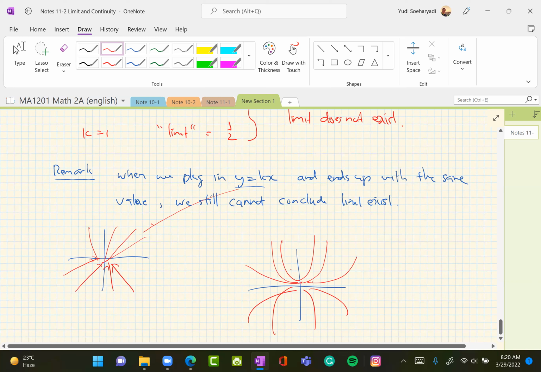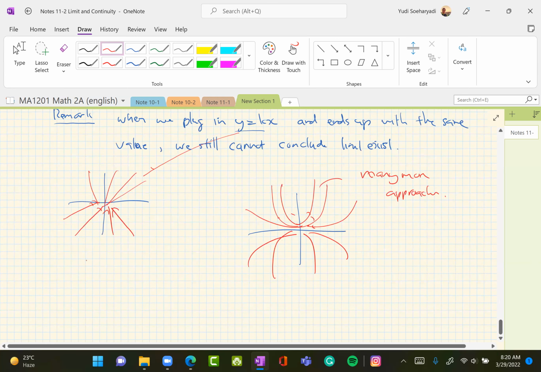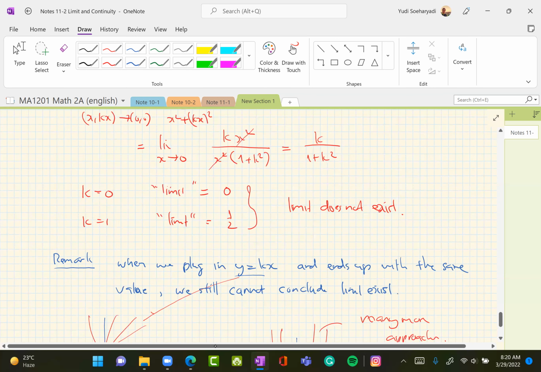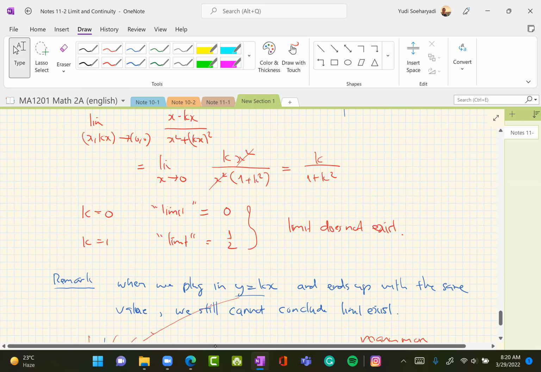So why is it not enough? There are many more approaches. In this case, it is really easier to show the limit doesn't exist than to show the limit exists.